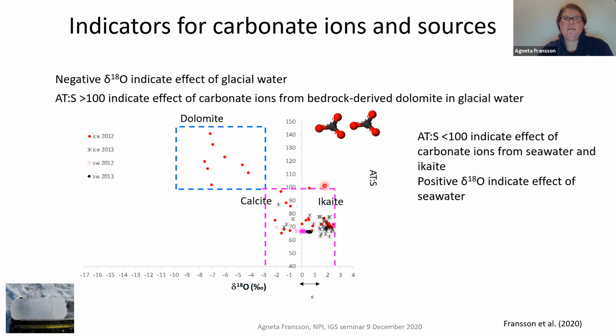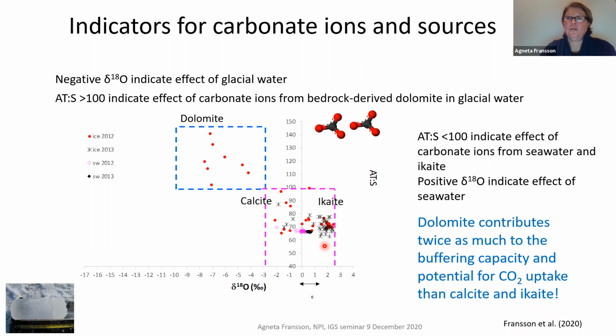And when it's above 100, we assume it's from bedrock-derived dolomite. On the positive side of the oxygen isotope, in 2013, we have mainly the effects of ikaite, because that's usually lower. This alkalinity salinity ratio is less than 100, and that is found in other studies before this.